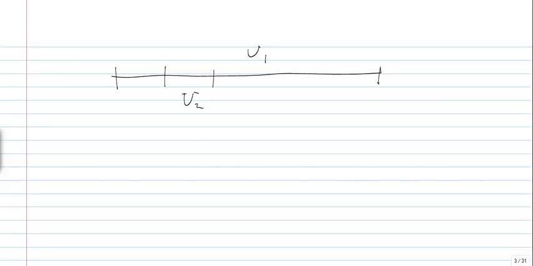We have U2 bar is in U1, and U2 bar intersect P is not empty. Now we start again from xn1, which is the center of U2.